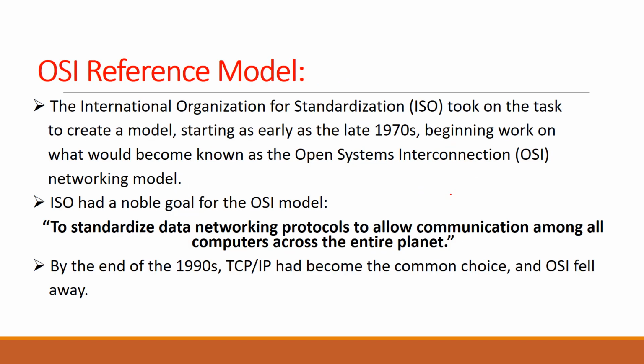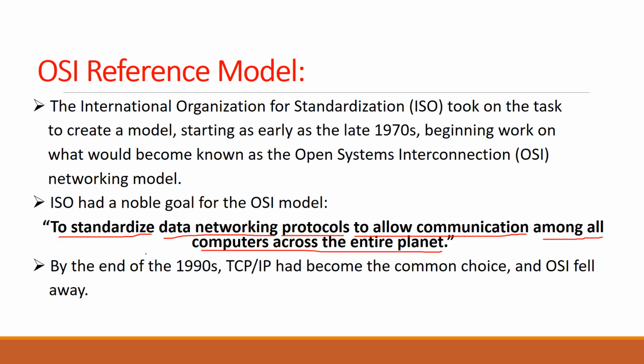Another model was introduced, but that model had a noble goal. What was that goal? That goal was to standardize data networking protocols to allow communication among all computers across the entire planet. But there were still competing networking models, such as TCP/IP.